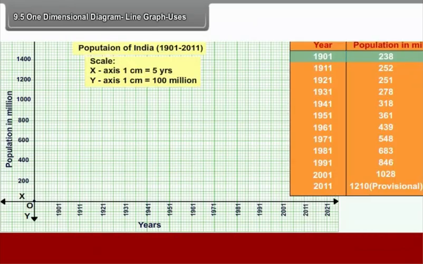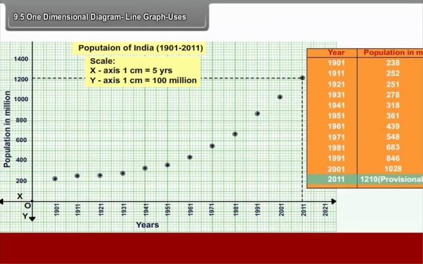Year, population in millions. 1901, 238; 1911, 252; 1921, 251; 1931, 278; 1941, 318; 1951, 361; 1961, 439; 1971, 548; 1981, 683; 1991, 846; 2001, 1028; 2011, 1210, provisional.